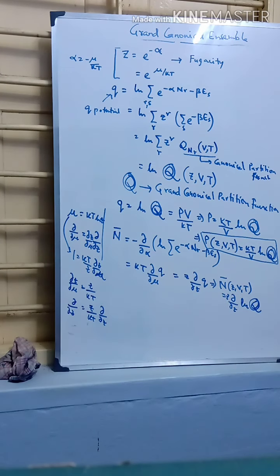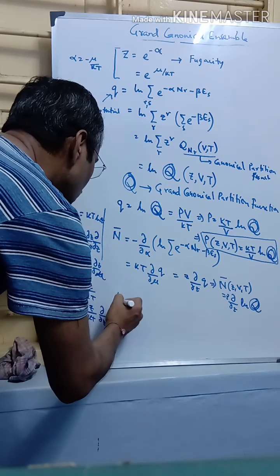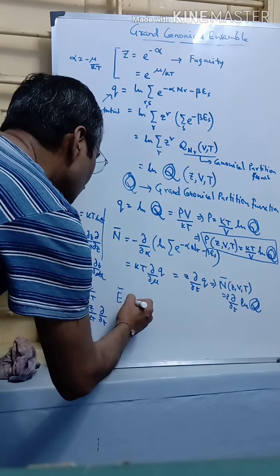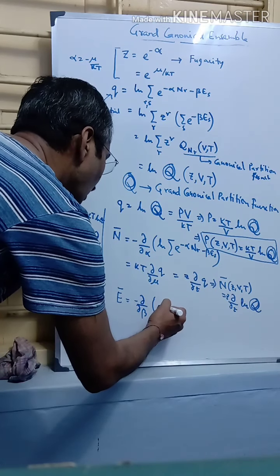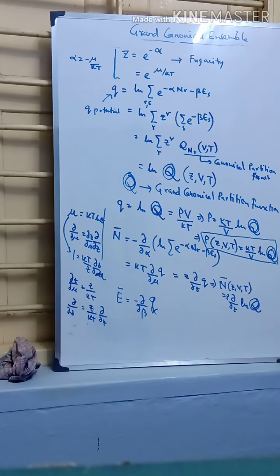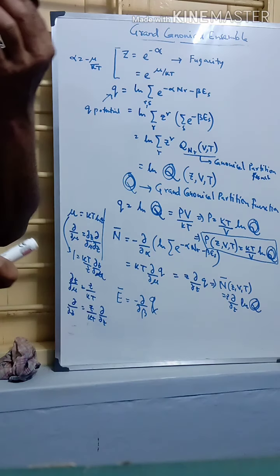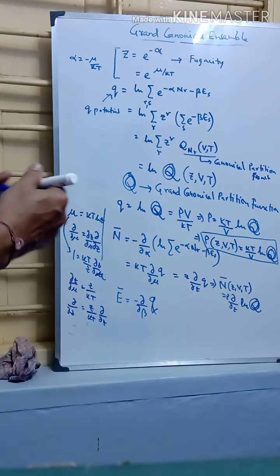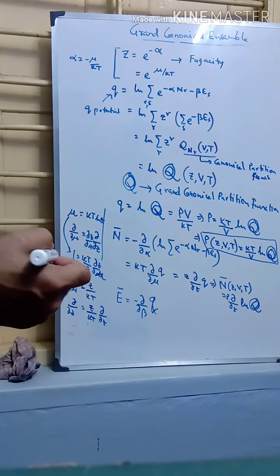Similarly, one can arrive at the average energy, which was defined as E bar, equal to minus del beta of q. One can again write beta in terms of temperature, so one can write del beta in terms of temperature.